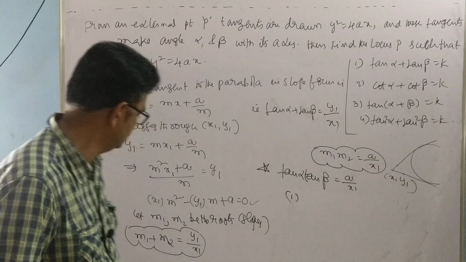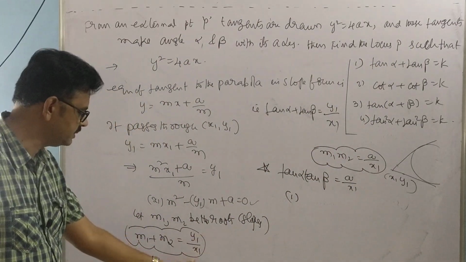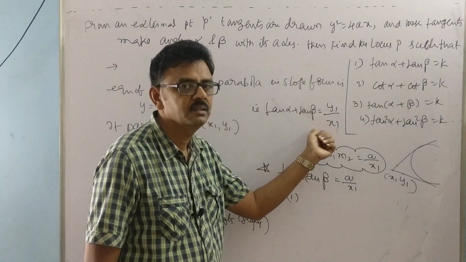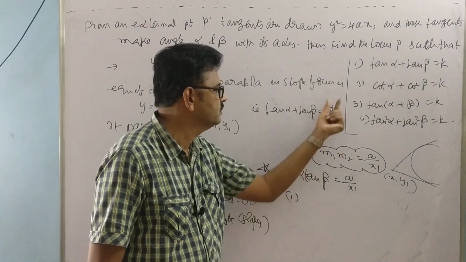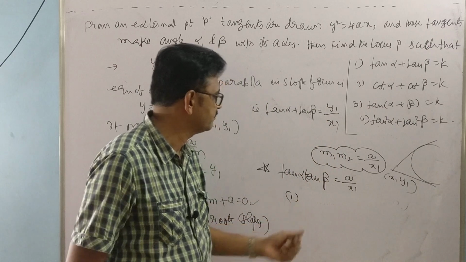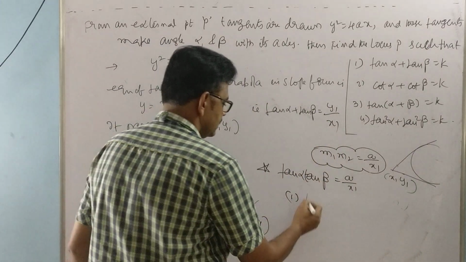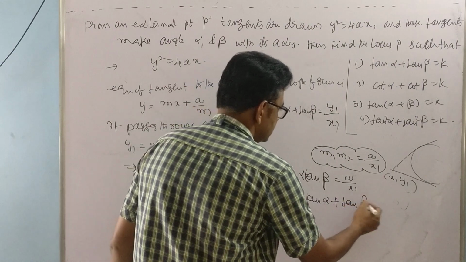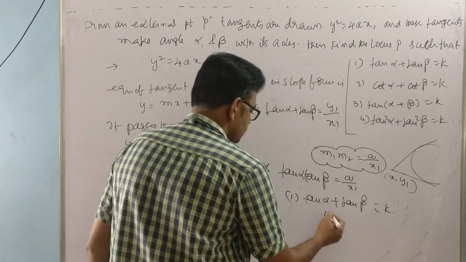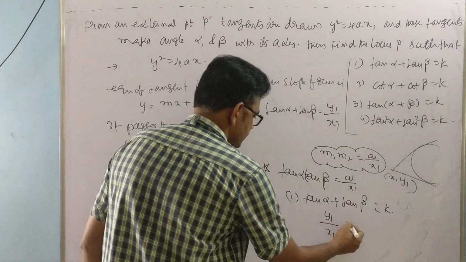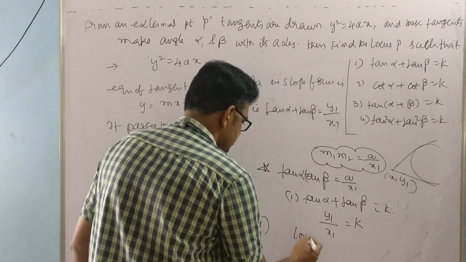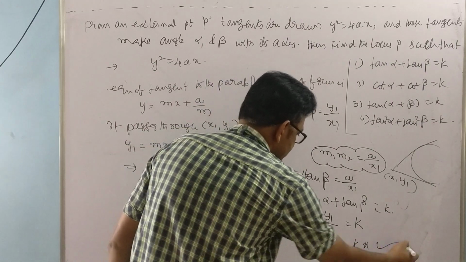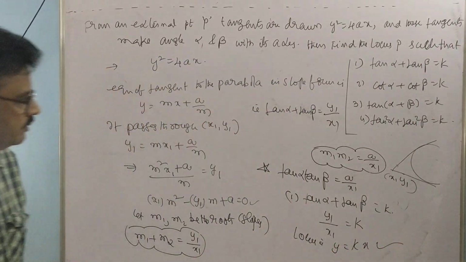If you know m1 plus m2, which is y1 by x1, where m1 is tan alpha and m2 is tan beta, then the first question, tan alpha plus tan beta equal to k, gives y1 by x1 equal to k. Therefore the locus is y equal to kx. Okay, write it down.